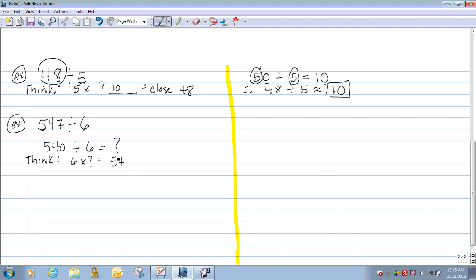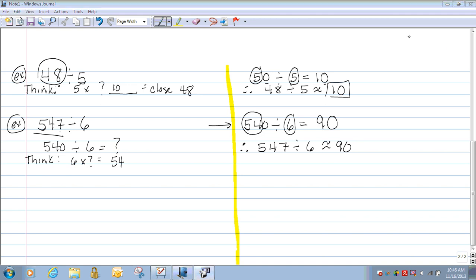What number times 6 equals 54? Well, we know then that 540 divided by 6 equals, we have 54 divided by 6, that equals 9, and I place my 0. Therefore, our original dividend of 547 divided by 6 is about 90. Push pause.